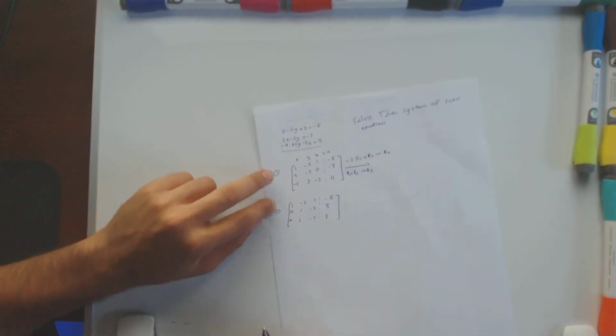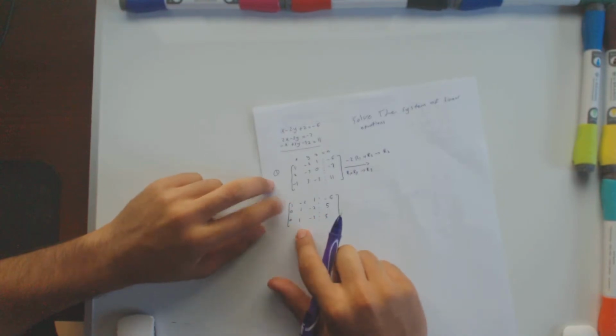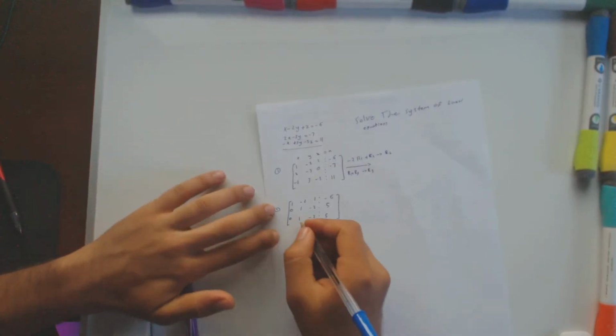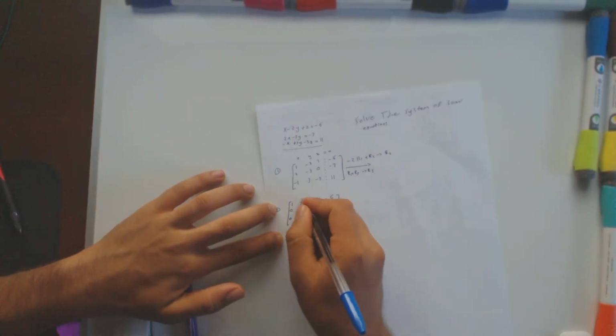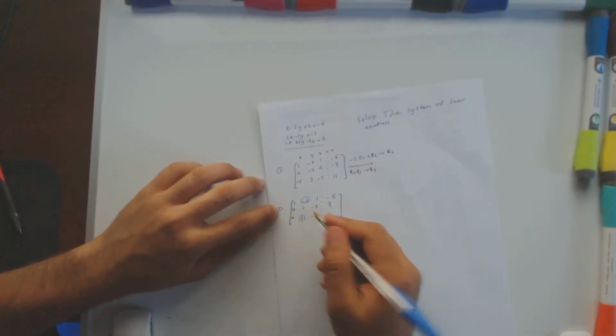Now let's try to make this number and this one equal to 0. Why? Because they are above and below the 1.